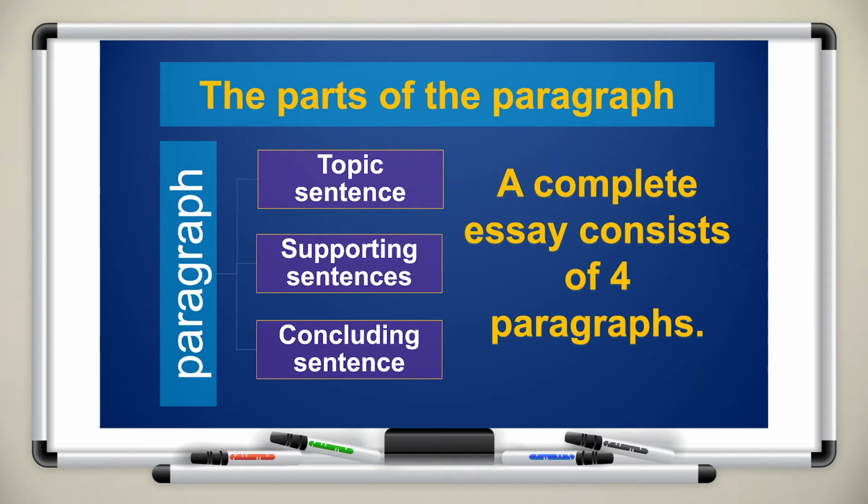And then at the concluding sentence, you will basically wrap up the whole idea by summarizing or restating, rewriting the whole thing using different words. So pay attention when you write a paragraph that your ideas are very clear and organized, and that there is coherence between them. It all revolves around one basic idea.